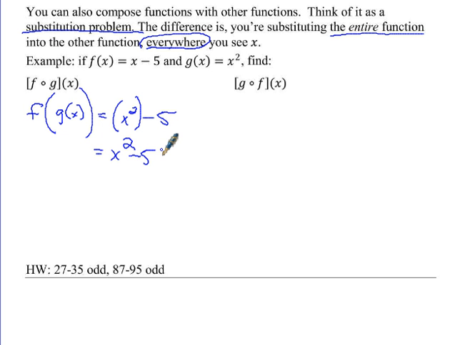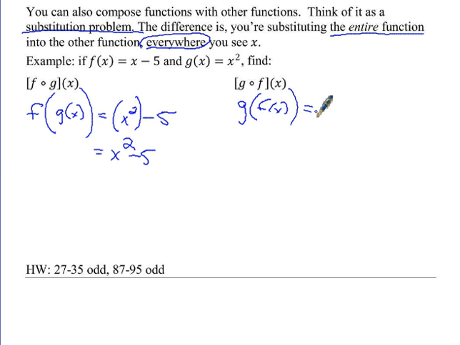The next version of this, the reverse of that, g composed of f, not as simple, because it switched around, and you'll see why here in a second. So g composed of f, I'll just go ahead and talk you through this one, means g composed of f of x. And when I look at that, I see that I'm going to take f of x and plug it into g everywhere I see x.